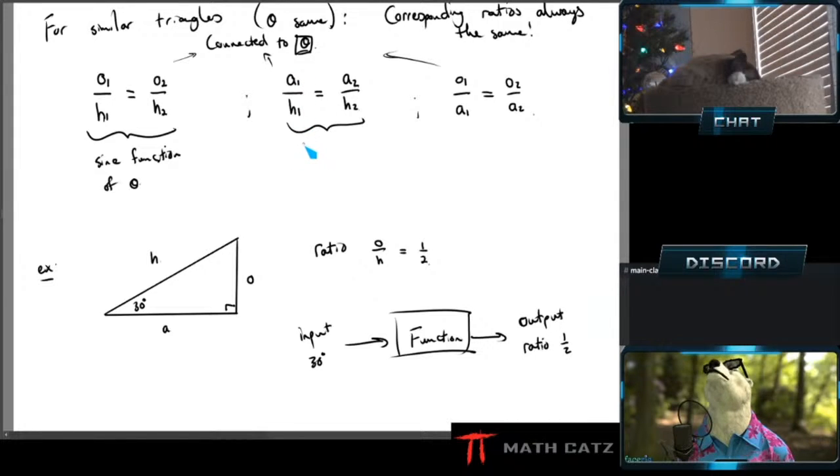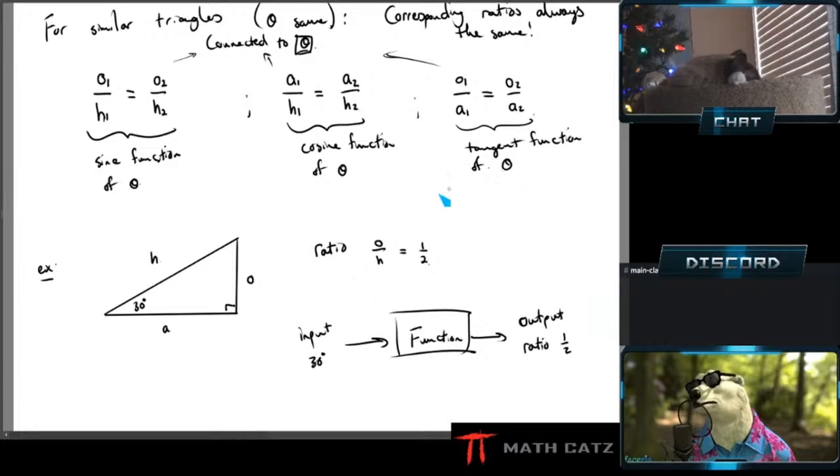The adjacent to hypotenuse one is called the cosine function. And of course, again, it's linked to the angle. And the last one, opposite to adjacent, is called the tangent function of the angle.